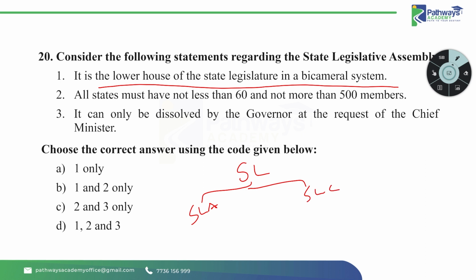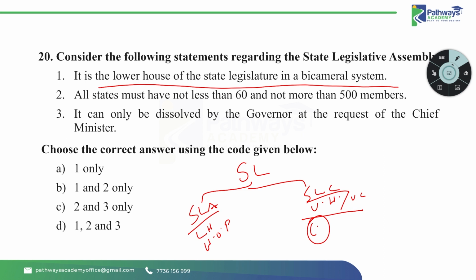State legislative assembly is known as the lower house, the house of people, at the state level. State legislative council is known as the upper house or the upper chamber, and it is known as the council. Fine. So this is lower house, this is upper house.